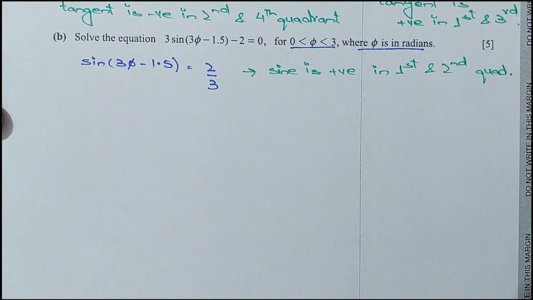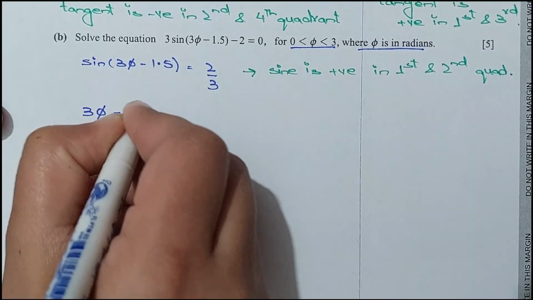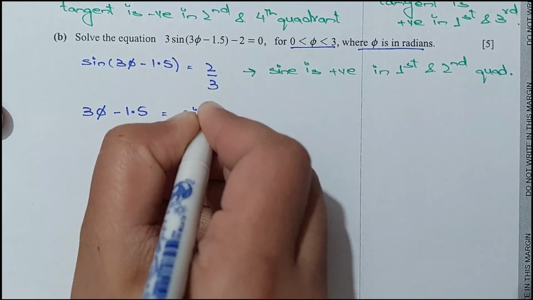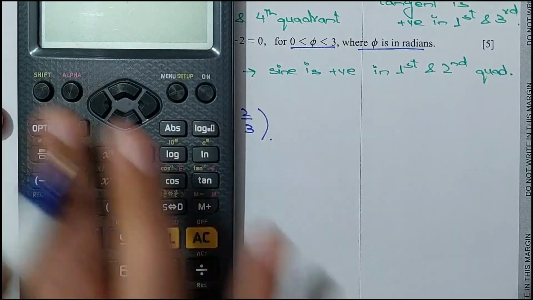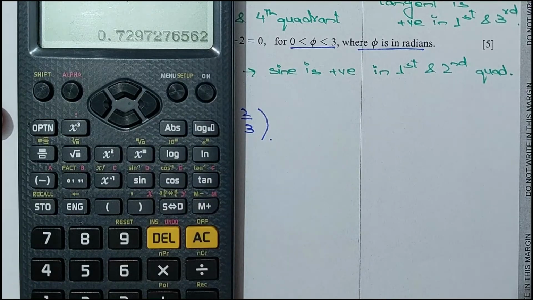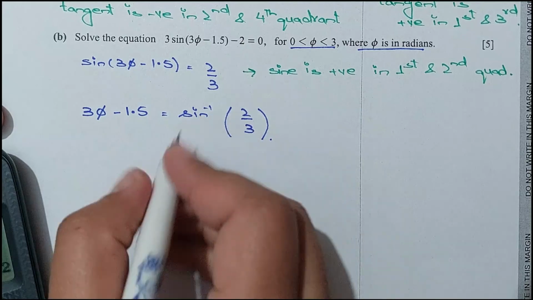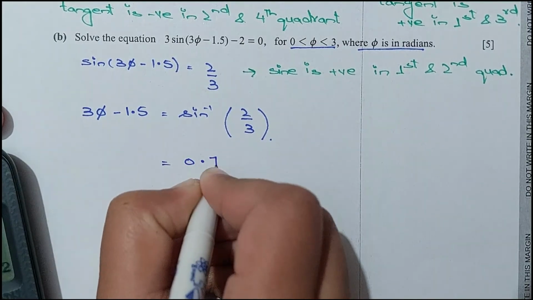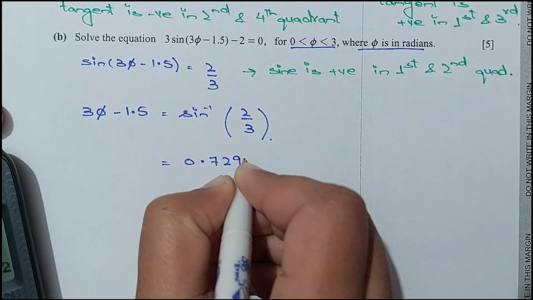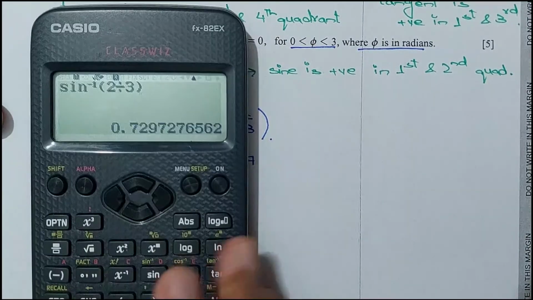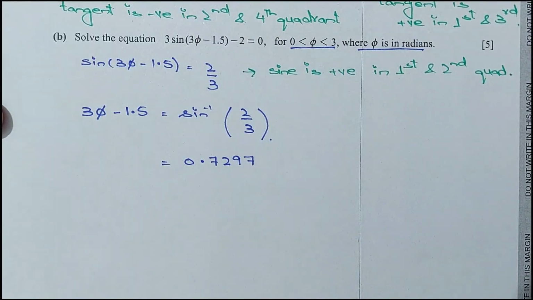All right. So let me simplify. 3 phi minus 1.5 would be equal to sine inverse of 2 by 3. Okay, sine inverse 2 by 3 is 0.73, this is 0.7297 if I do it till 4 decimal places.